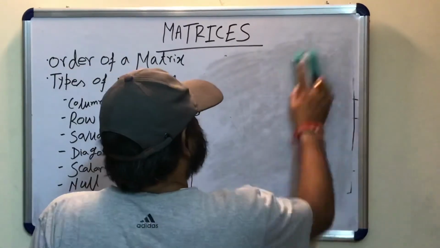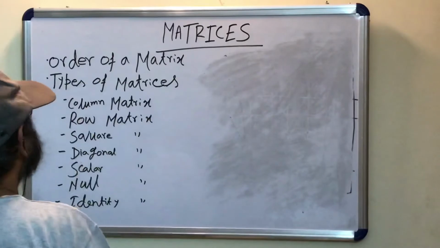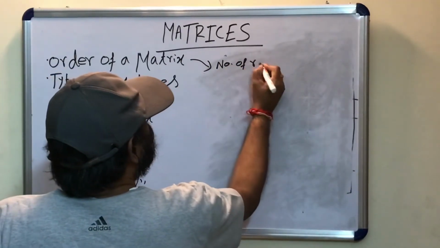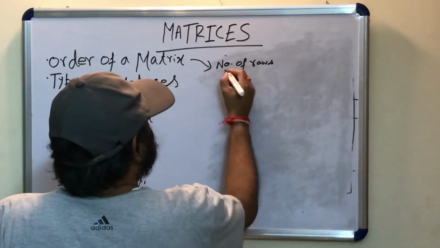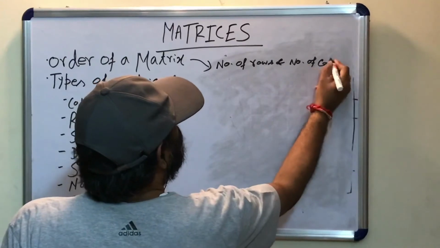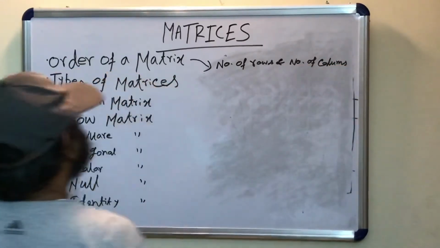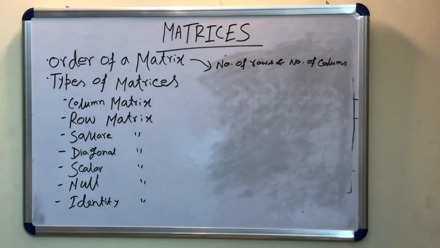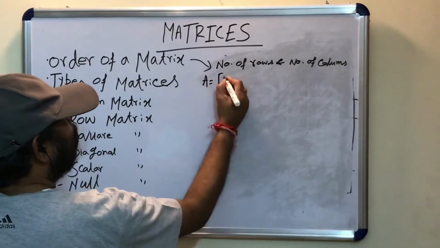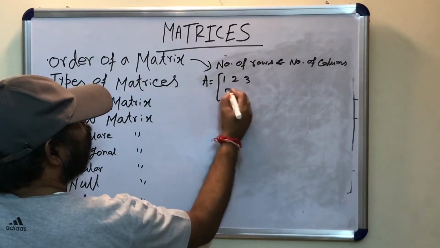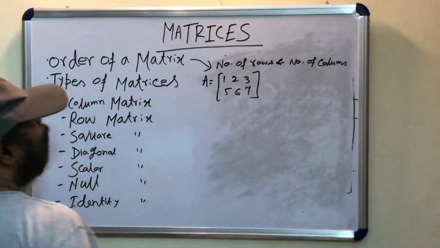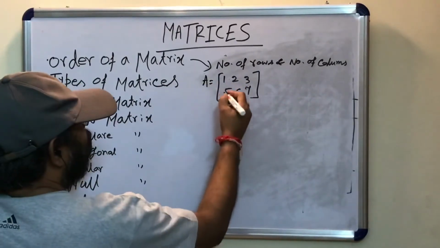The order of a matrix. The order of a matrix is nothing but the number of rows and the number of columns. That is the order of a matrix. Let A be a matrix with the elements 1, 2, 3, 5, 6, 7. What is the order? What is the number of rows?